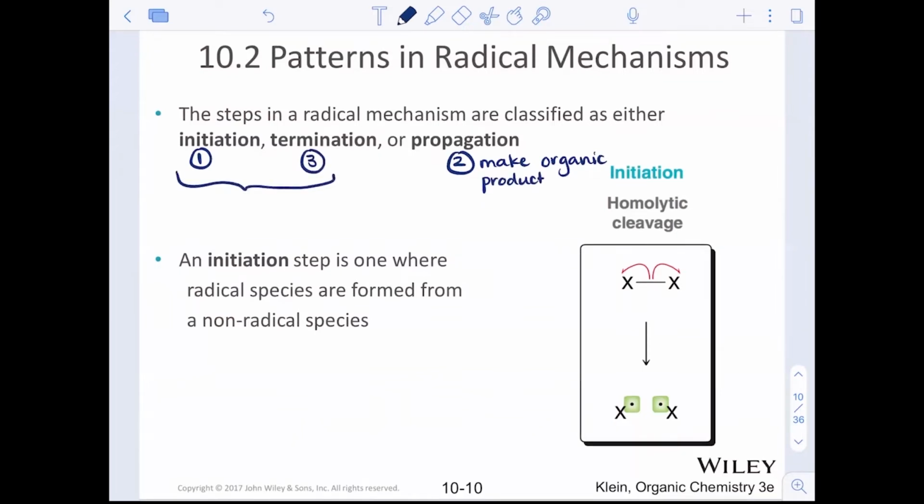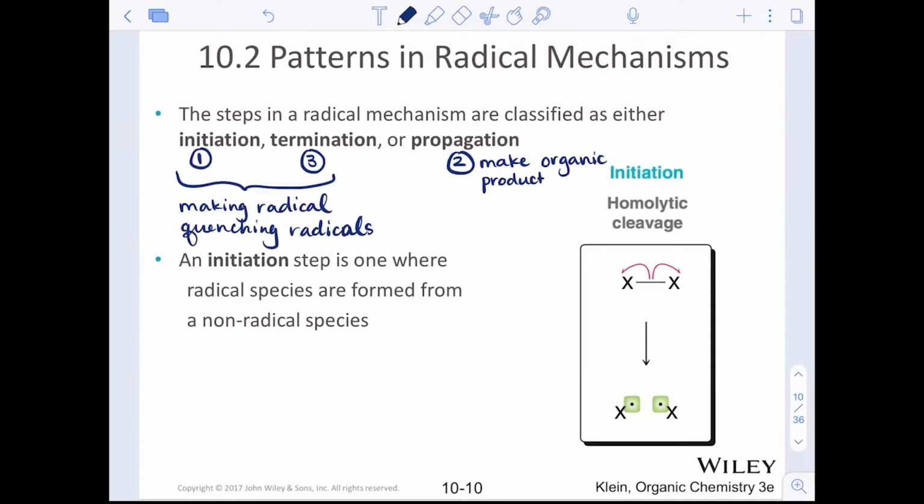These 2 involve making radicals, or what we'll call quenching radicals, using them up, right? Initiation will make them, termination will finish them. Propagation is where we actually do the organic reaction that we want to.